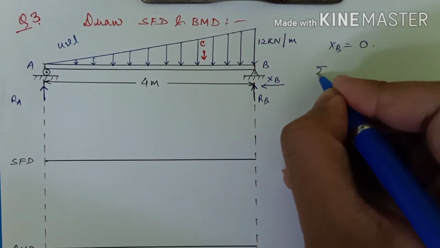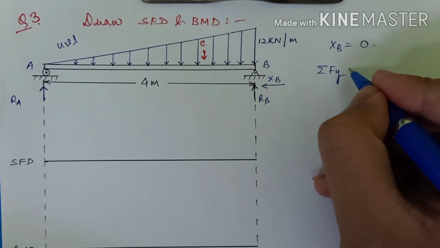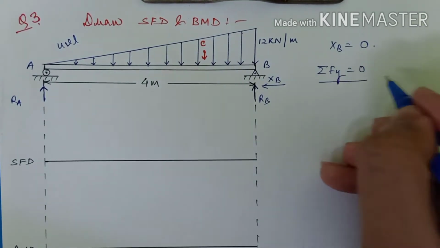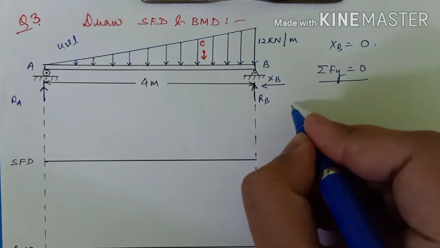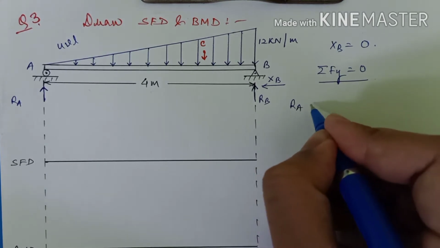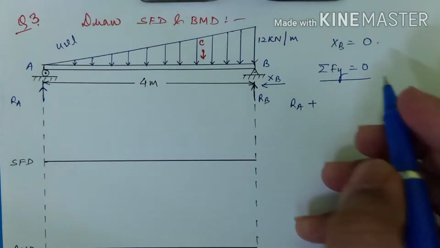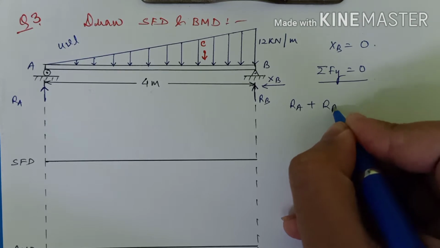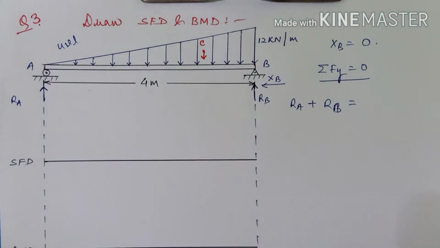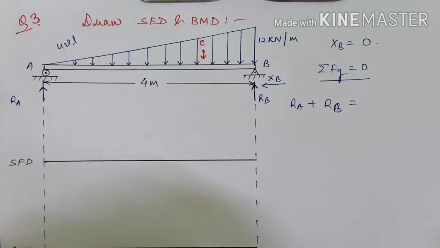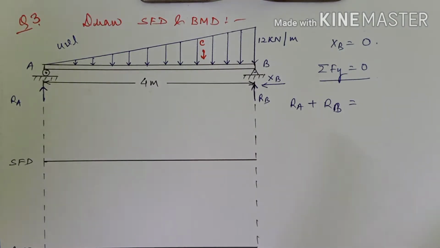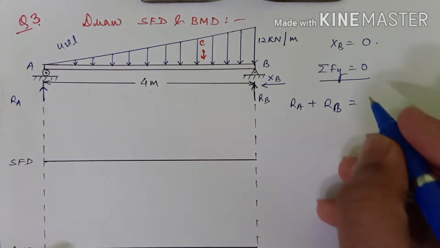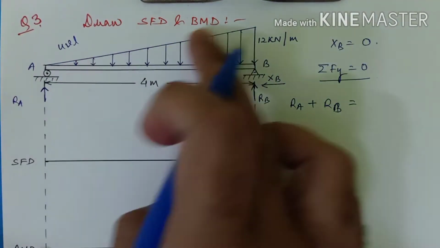So for that we will apply this one, that is the summation of forces in the vertical direction will be 0. Okay, so RA and RB both are acting upwards, so positive, and this will be counterbalanced by the forces which are acting downwards, that is the UVL. And guys, what is the value of UVL? How do we find the values of UVL? For finding the values of UVL, we have to calculate the area of this.